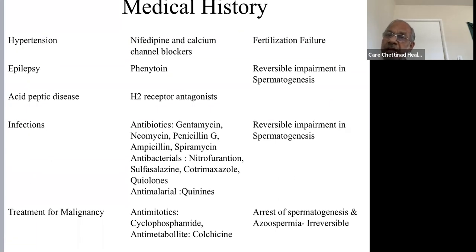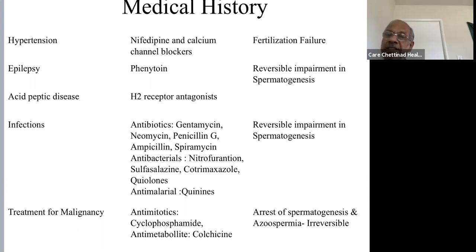Besides this, history again is important when you find out these men are on drugs. I'm talking of pharmaceutical drugs, not the social drugs. These drugs can also produce problems, both in terms of erection, ejaculation, and in the quality of the spermatozoa. You see a huge list of drugs here. They all can lead to problems like fertilization failure and impairment of spermatogenesis.